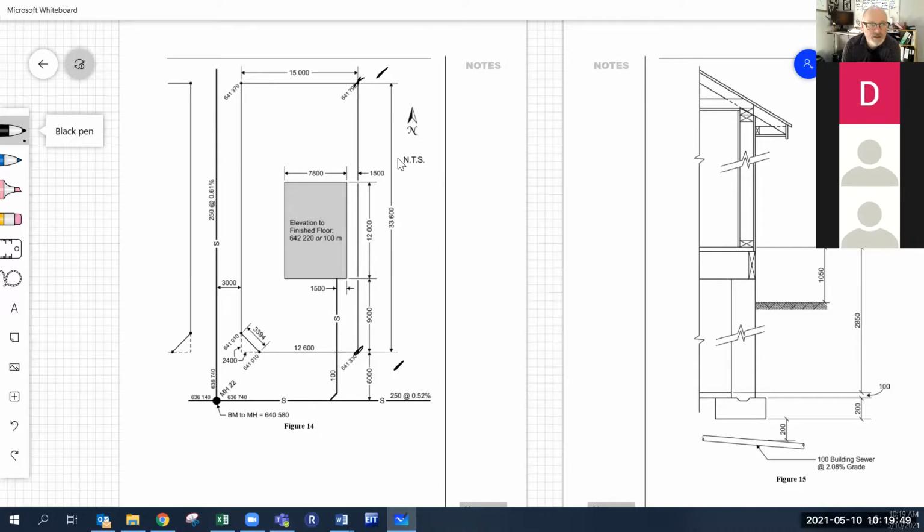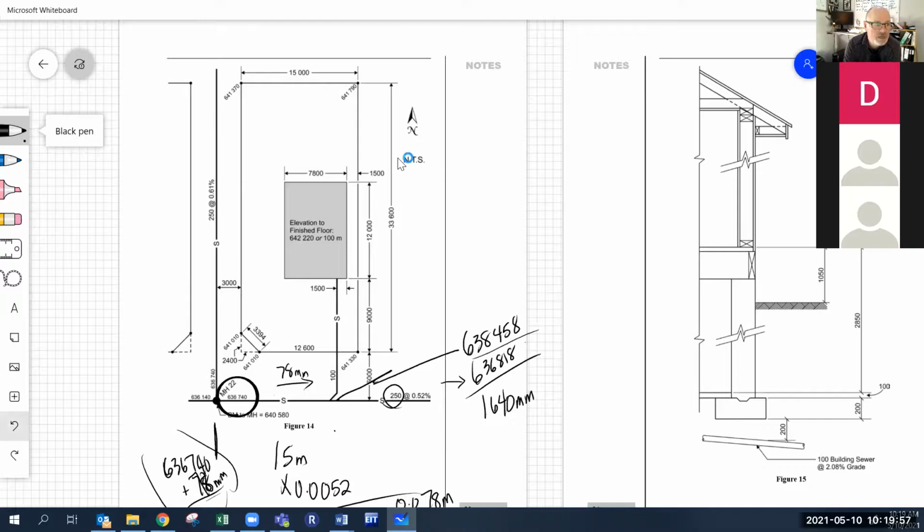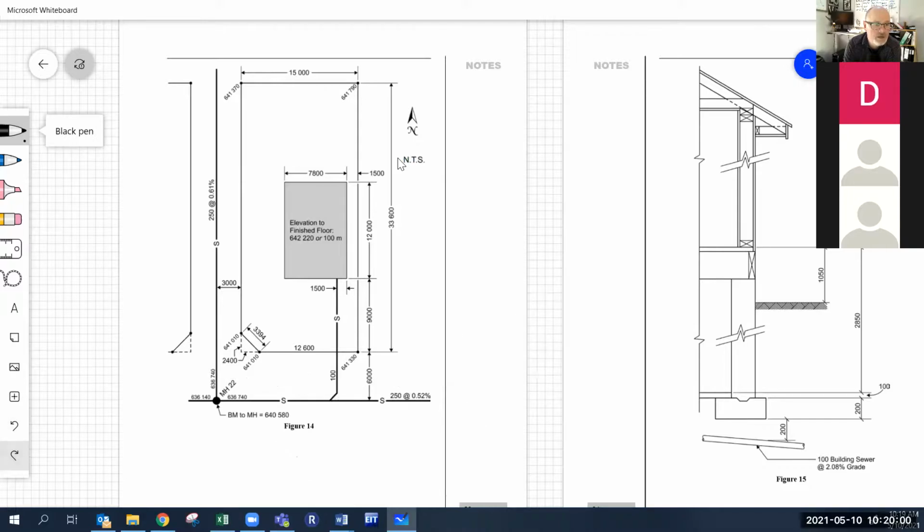Is this along the north property line? No. Okay. Actually, let me just reiterate, isn't this the north property line?